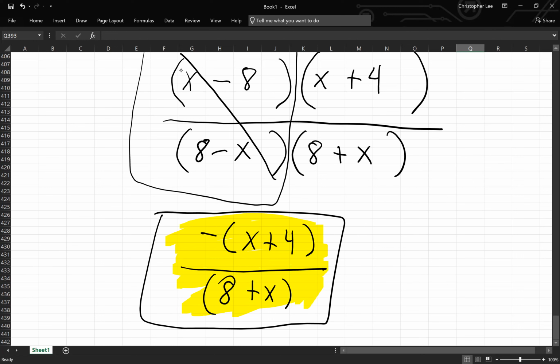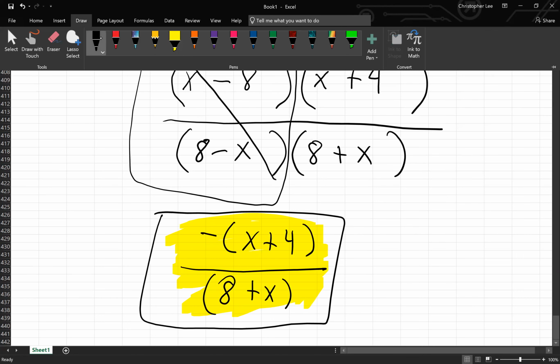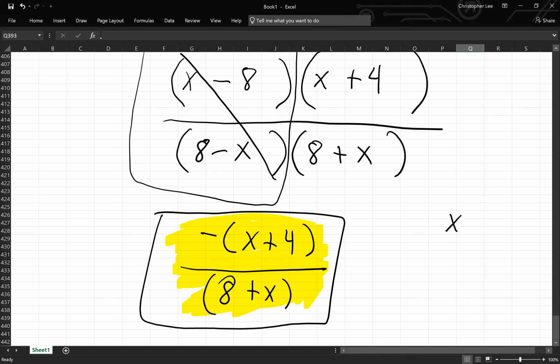Because they're opposites, right? So I have x minus 8 over 8 minus x, right? Let's say that I wanted them to look the same, right? I would multiply one of them, either the top or the bottom, doesn't matter which one, by -1, right? So let's say I did the top by -1.